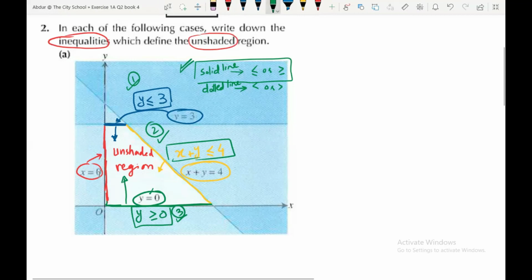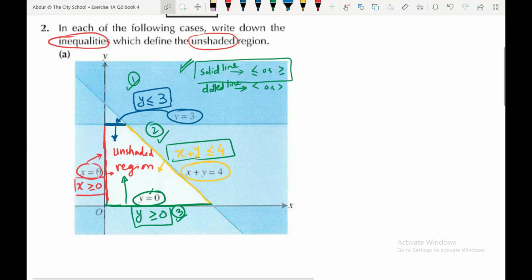The unshaded region is on the right side of x equal to 0. On the right side, the value of x will be increasing. So when the value of x is increasing, you have to write x is greater than or equal to 0. Replace the equal to sign with the greater than or equal to sign.